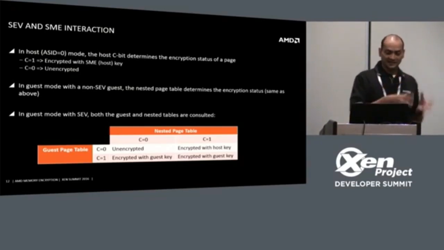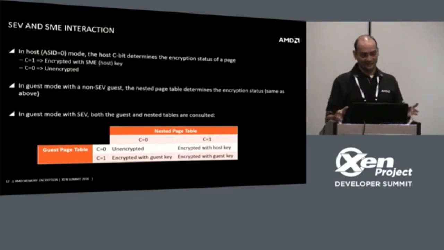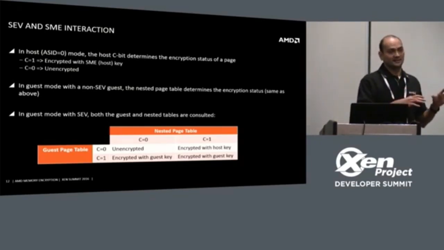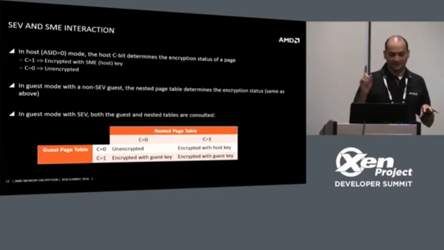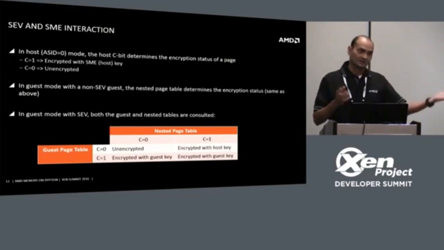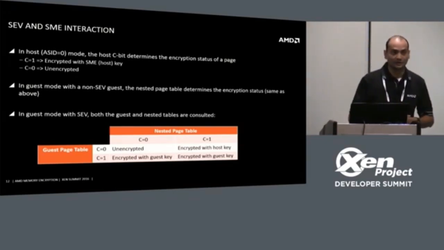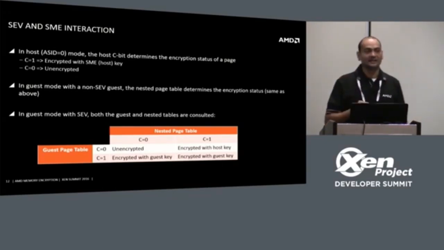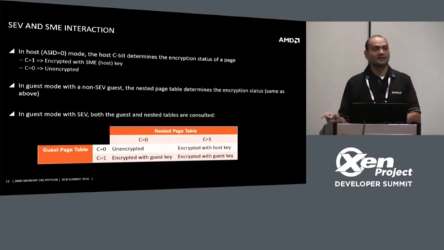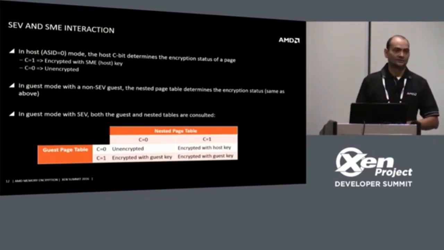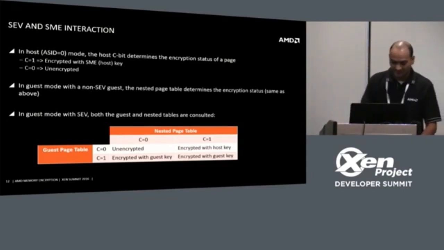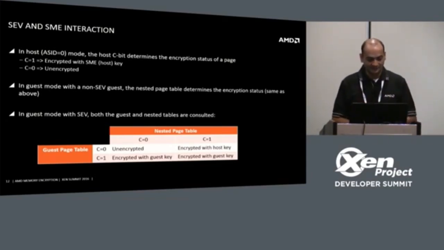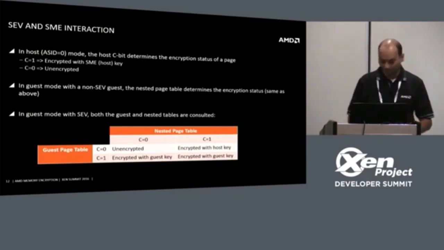In case of a non-SEV guest, the nested page table determines whether the page is encrypted or not, and it will also use the host key, which is key 0. But if it is an SEV guest, then the guest page table determines which key to use. So basically, in case of SEV, the bottom line is the guest tells what it wants to share and what it doesn't want to share.